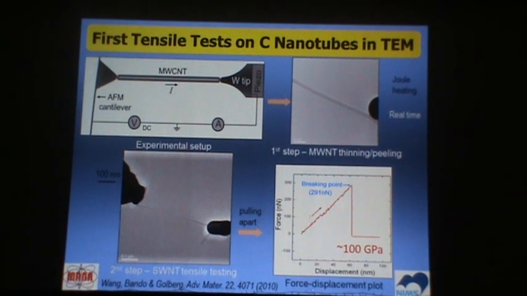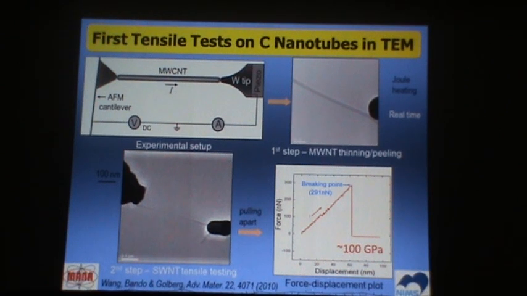The first experiment, which we designed in 2010, was to get an idea of the mechanical strength, the tensile strength, of an individual single-walled carbon nanotube. I would say that at that time this parameter wasn't known, and that was the idea of this work.